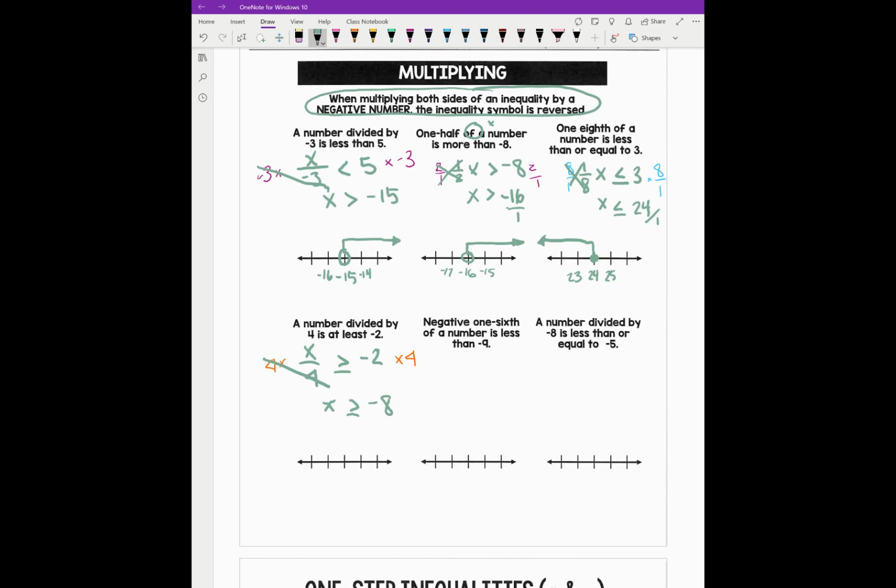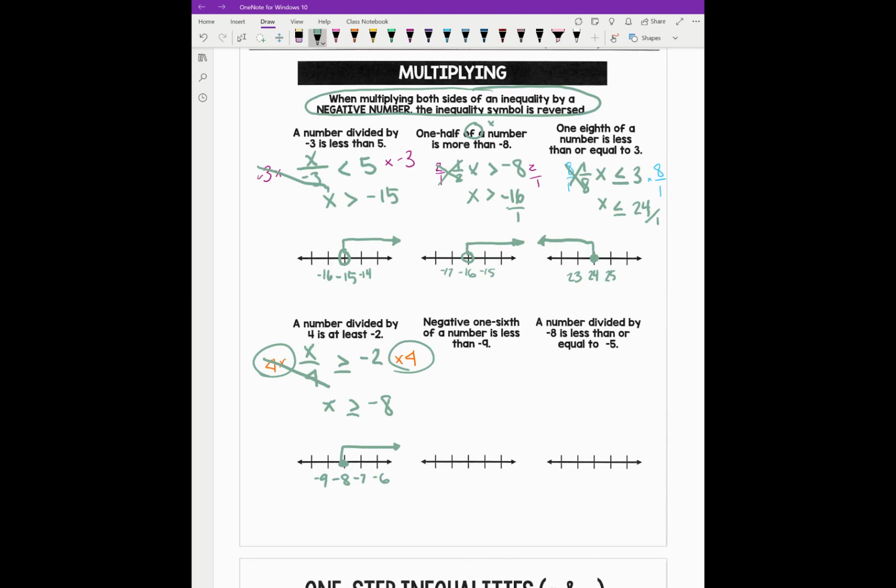The number you multiply by is the number that on both sides, you're saying I'm going to times by 4. So I got x is greater than or equal to -8, which means I need a solid circle at -8, and my arrow goes right.